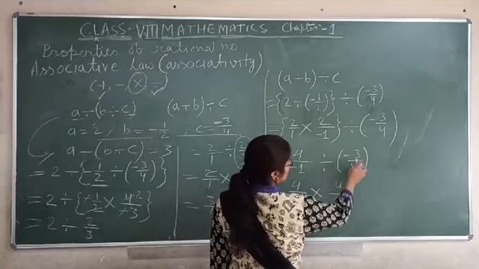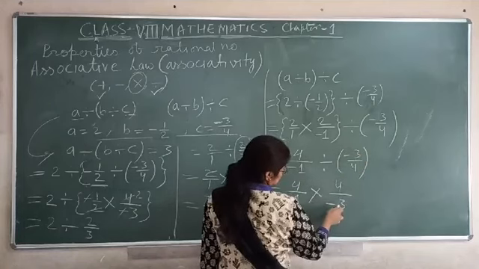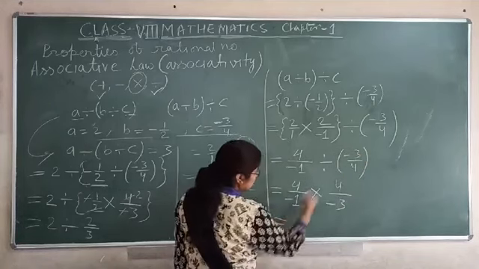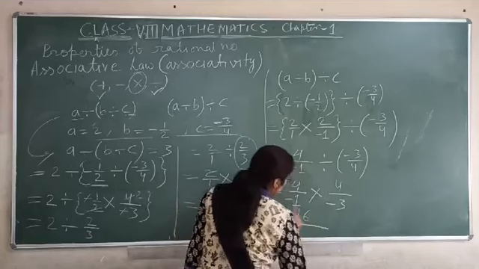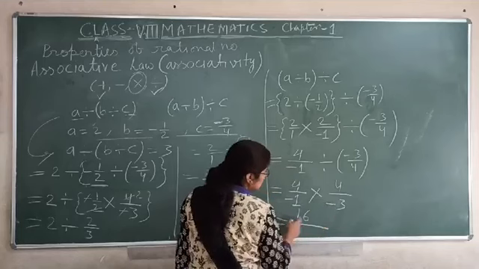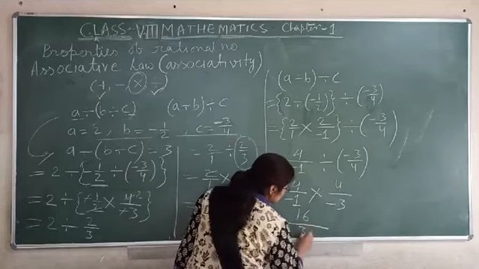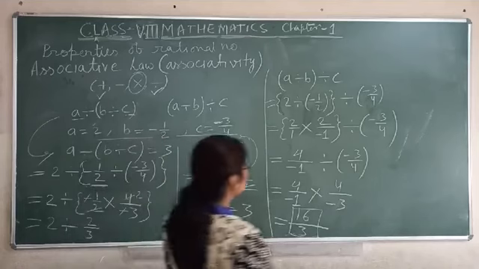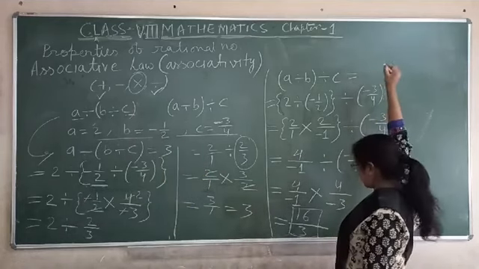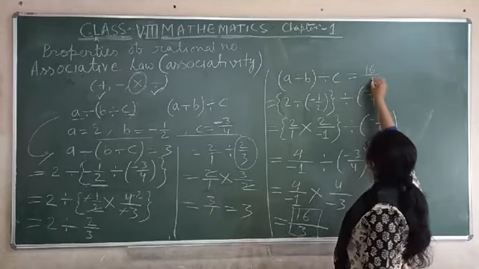We take the reciprocal, 4 goes up and -3 comes down. Okay, nothing is being cancelled here, so 4 into 4 is 16. Minus into minus is plus, no need to show the plus sign. 3 ones are 3. So you are getting 16 upon 3. When you calculate this one, you are getting 16 upon 3.